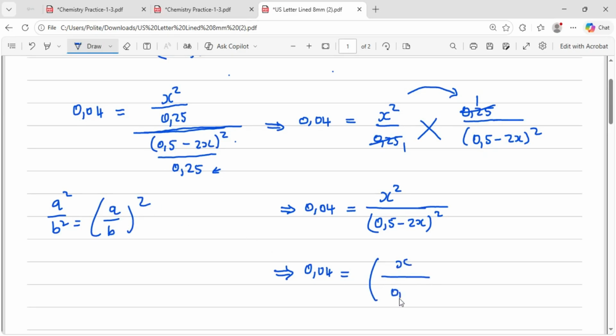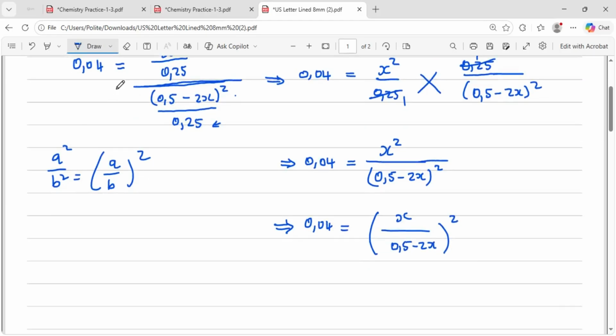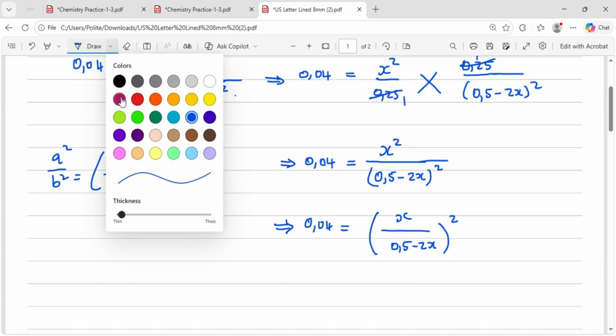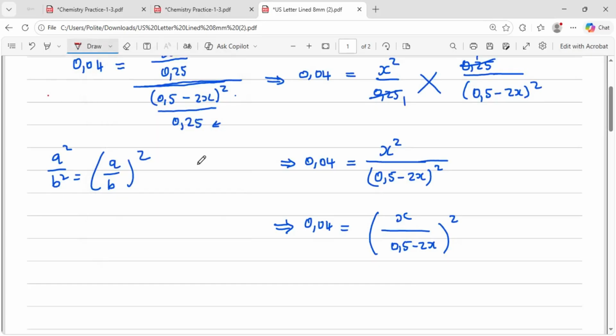So I'm just going to write this as 0.04 equals (x over 0.5 minus 2x) squared. The reason I'm doing this is that someone here will just expand the bracket. Please don't do that, because we're going to make the equation more complicated.